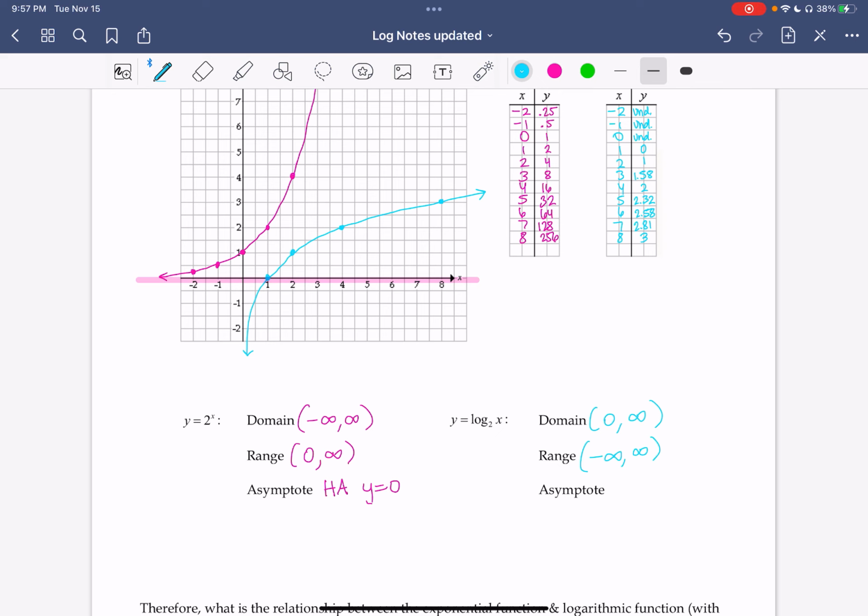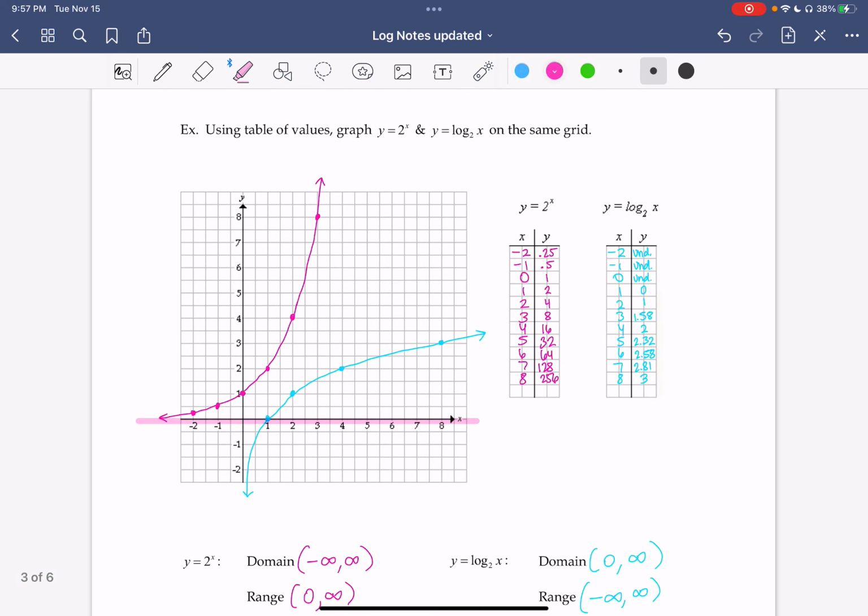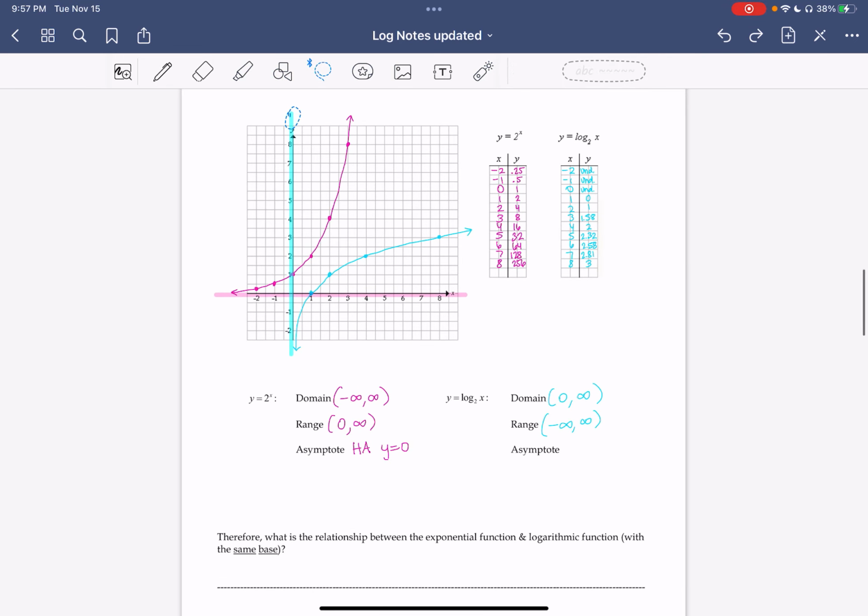And then for the asymptote, this one has a vertical asymptote at x equals 0. I keep pressing the wrong thing. So this graph is going to just hover along 0 forever. So this is a vertical asymptote at x equals 0.